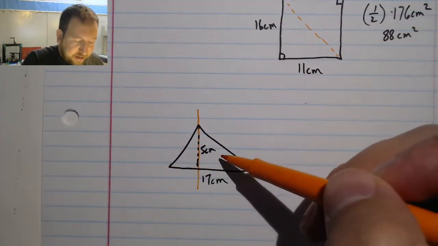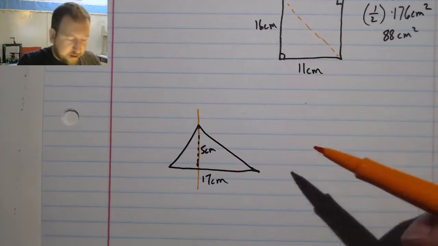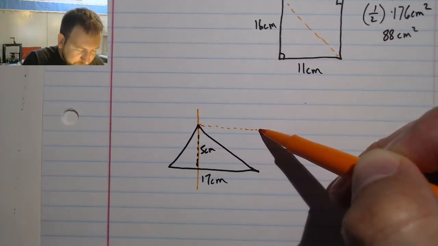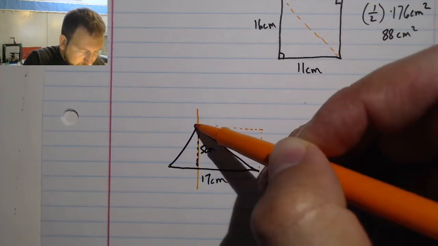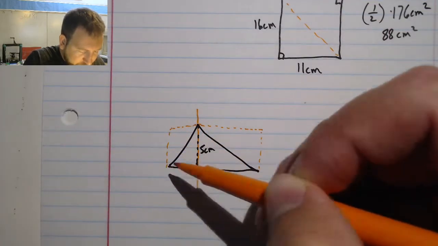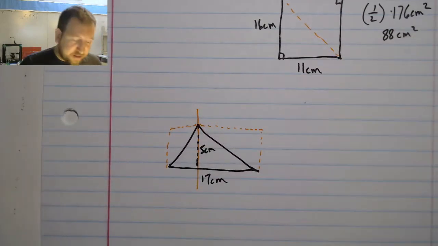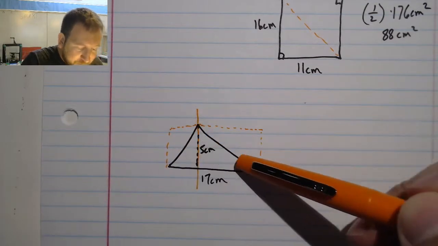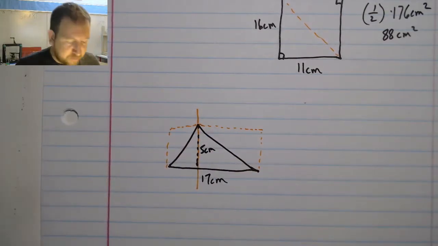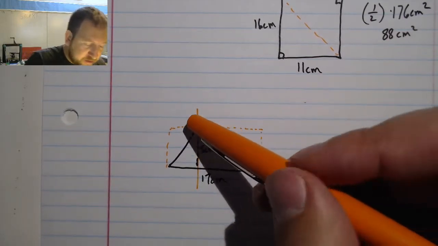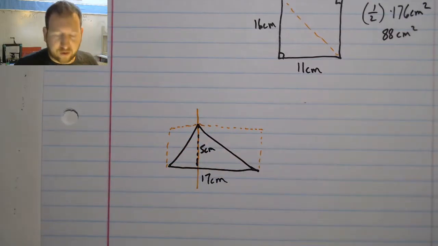And I can take each of these parts and I can then glue them together on top of each other. And if I had drawn this better, this line would be straight. And you can see that this would be indeed a parallelogram. And this would be half of each of the sides. So what I have left is exactly half of this total parallelogram that I've drawn out in orange.